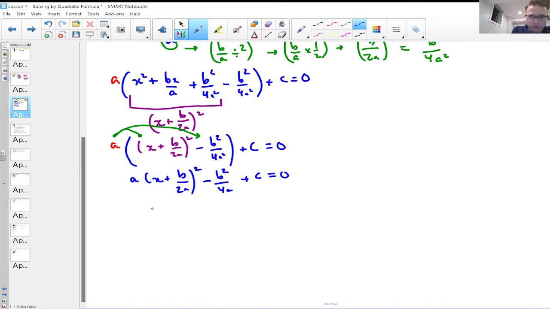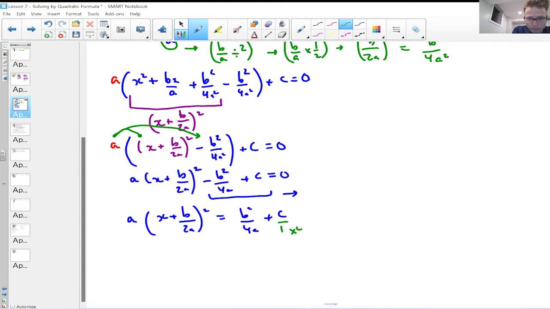Now I'm going to bring these 2 things over to the other side. So here I'm going to have a times x plus b over 2a, squared, is equal to b squared over 4a plus c. I'm going to make common denominators here, so this is really over 1, so times by 4a.